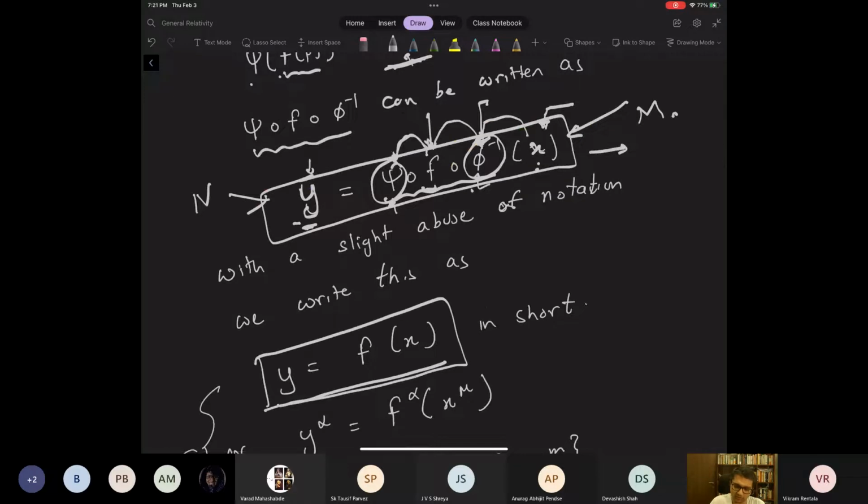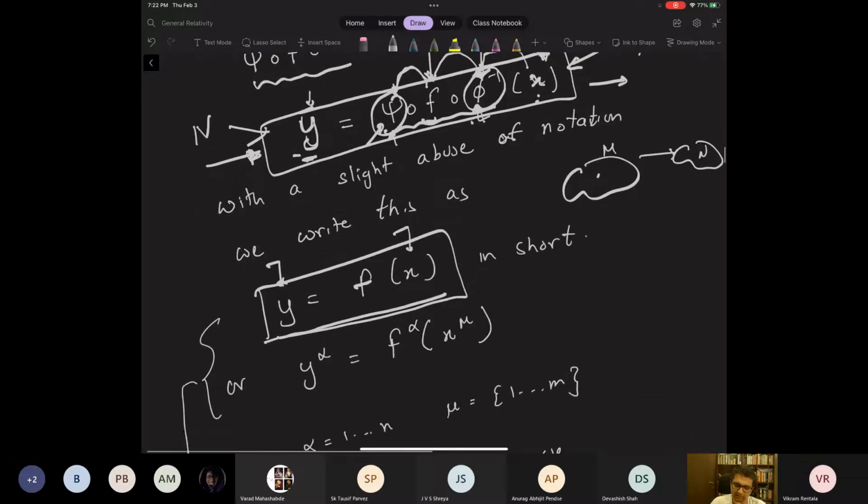And you see why it's an abuse of notation, because f is strictly speaking the map between points on M and points on N, and we are omitting the coordinates that we're using. But with an understanding that we know which coordinate patch we're talking about: x is on the particular coordinate patch that we're using in M, and y is the particular coordinates that we're using in N. The fully correct notation is this one.